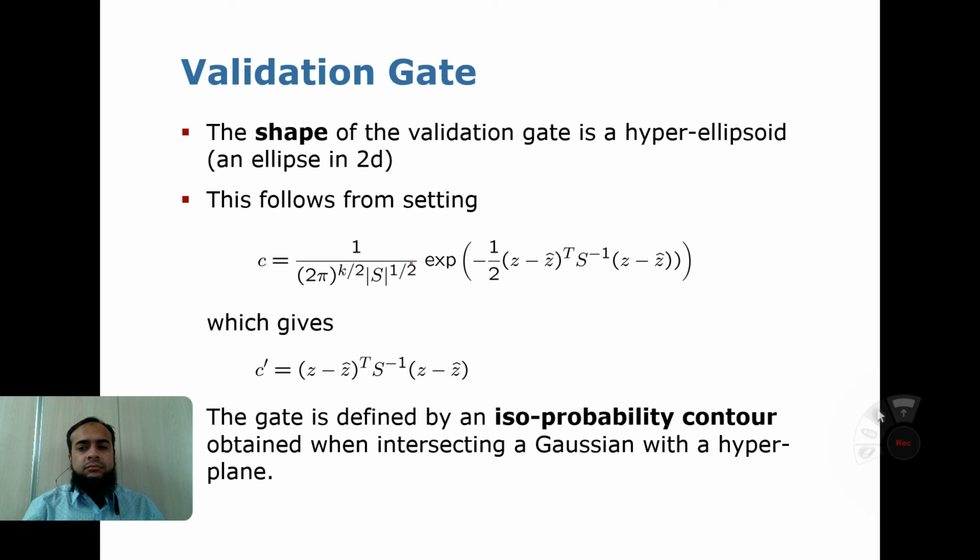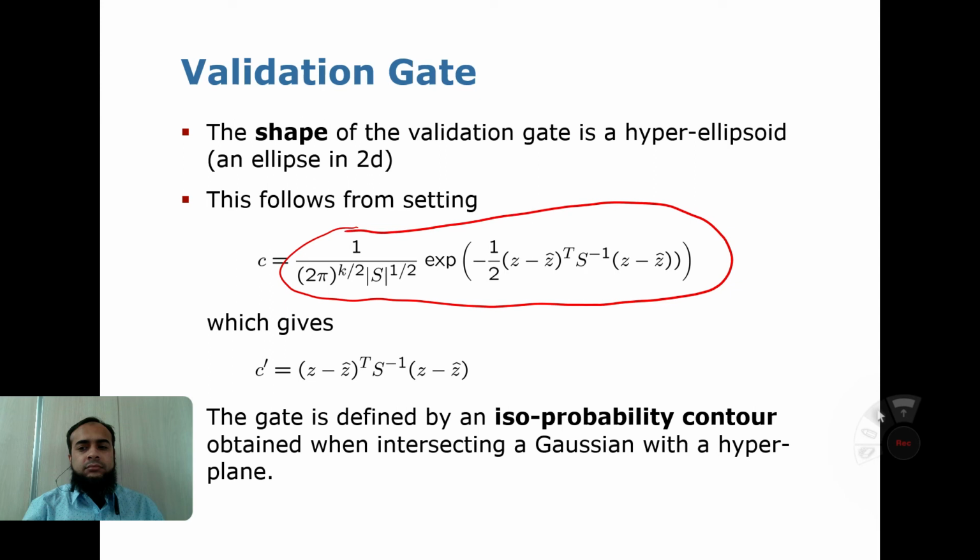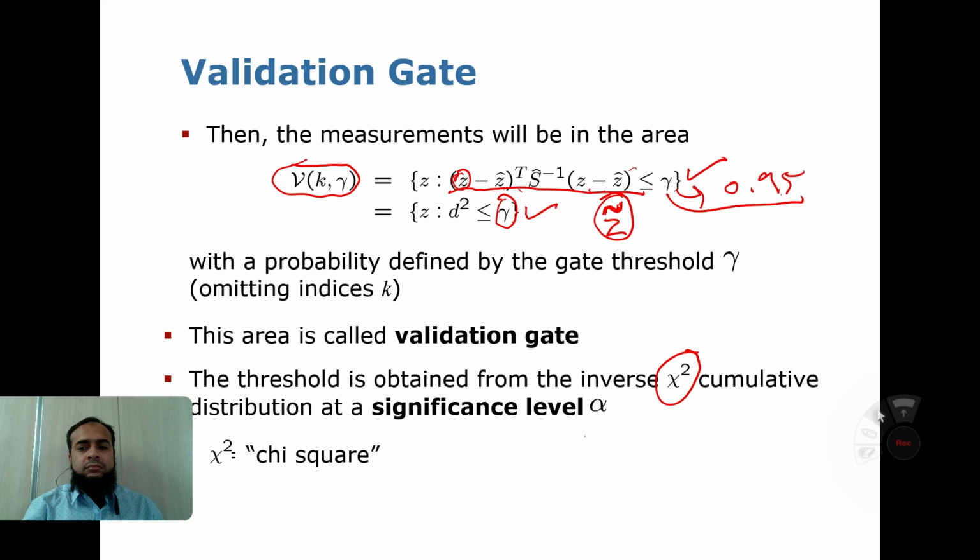This follows from setting this equation, which gives you the value of c. The gate is defined by an isoprobability contour obtained when intersecting a Gaussian with a hyper ellipsoid plane. This is actually the formula for selecting the measurement.